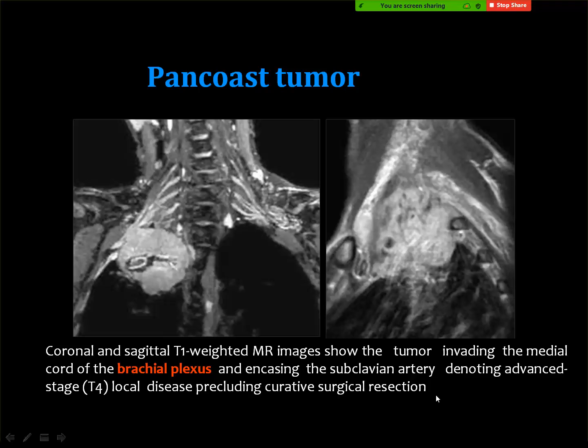This tumor can be operable or non-operable. It is non-operable when it invades one of three structures: the brachial plexus nerve roots, the subclavian artery, or the subclavian vein. And these three structures cannot be evaluated by CT.